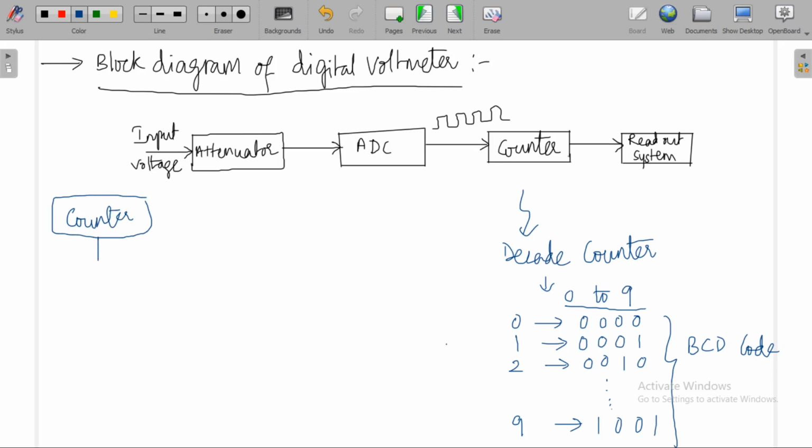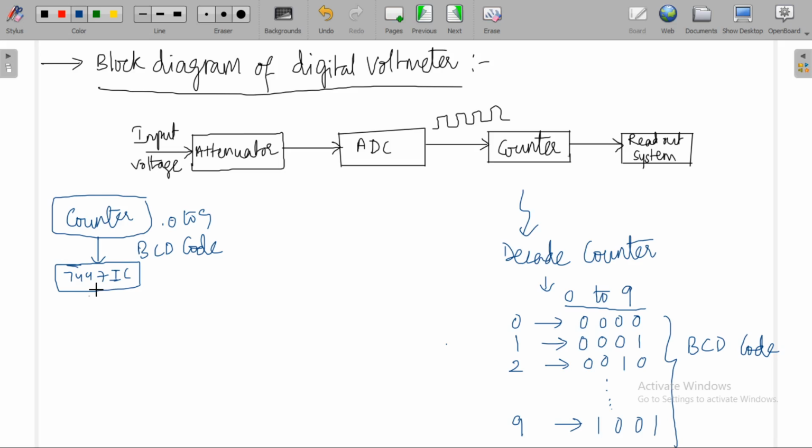This counter will generate BCD code and counts from 0 to 9. And this BCD code is given to 7447 IC.